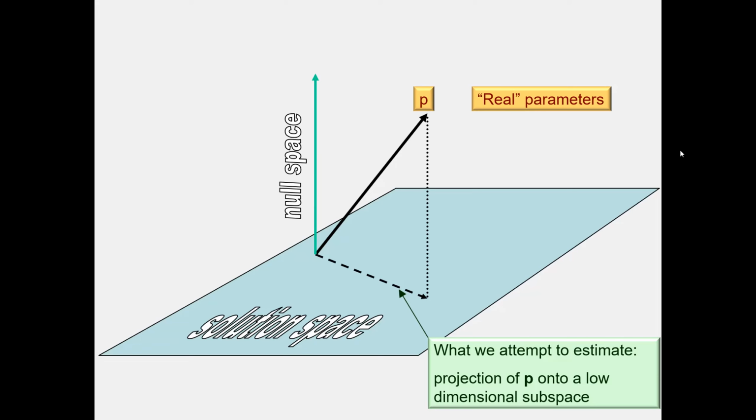The best I can hope to capture of reality is the projection of reality onto a much smaller dimensional subspace, called the solution space in this picture. And the dimensions of that subspace can be no more than the number of observations comprising the calibration data set, often much less. So, what I can infer through calibration is a shadow, a reflection of reality.